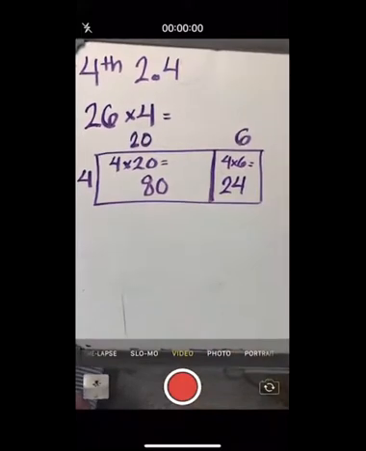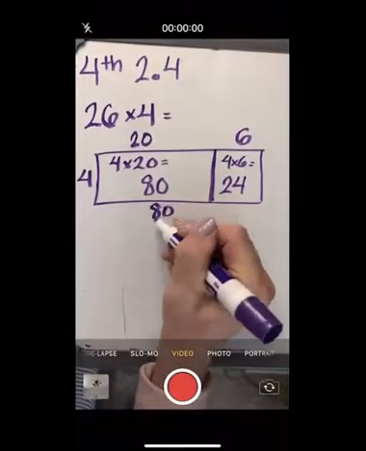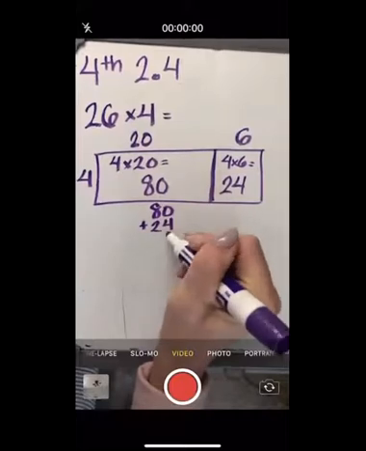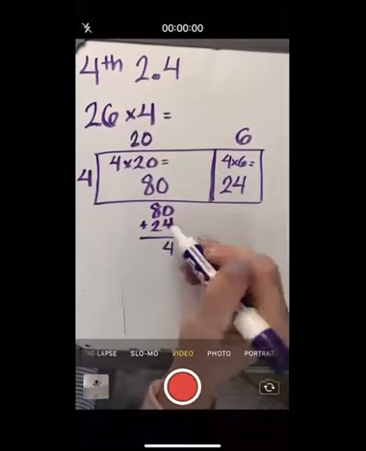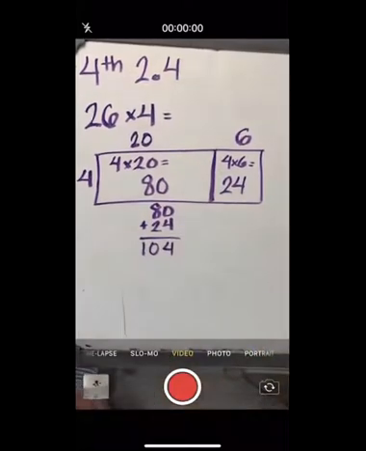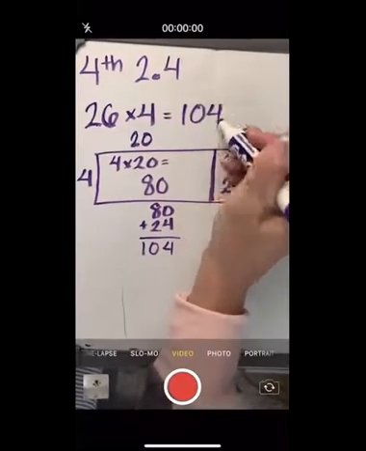Now we're left with 80 and 24, but we need to add those together because both of those together give us our total. So 80 plus 24, just add them up regularly. 0 plus 4 is 4, and 8 plus 2 is 10. So I know that 26 times 4 is 104.